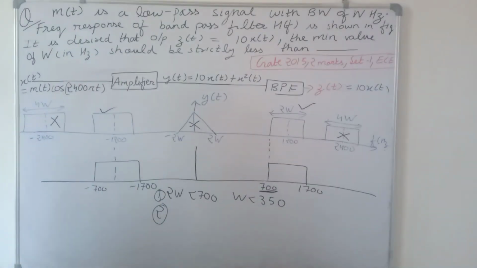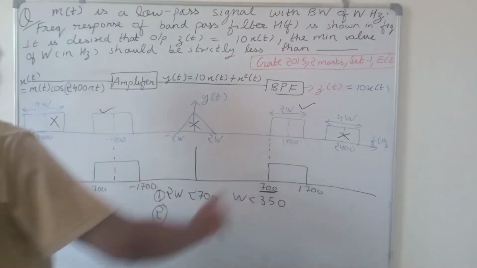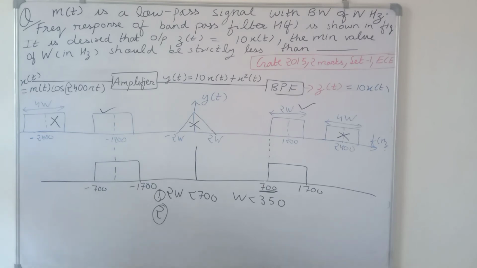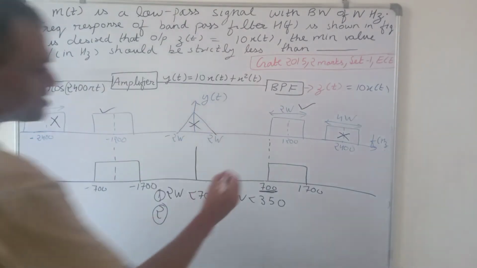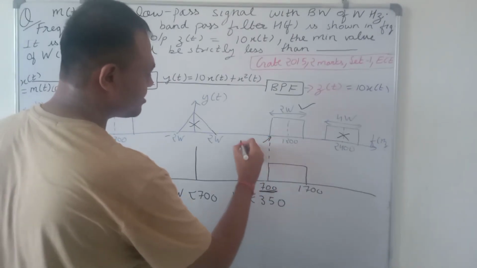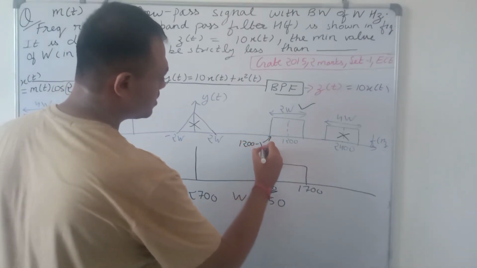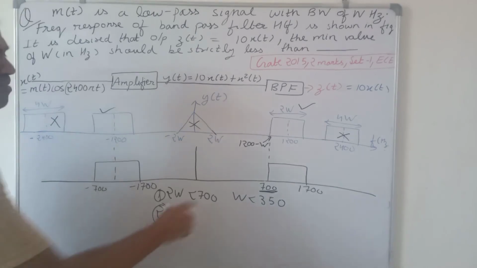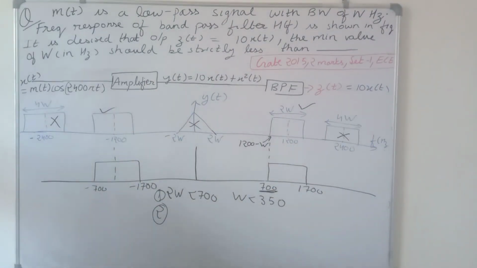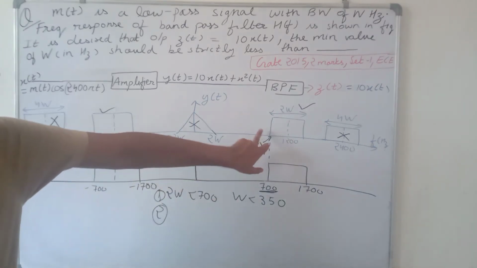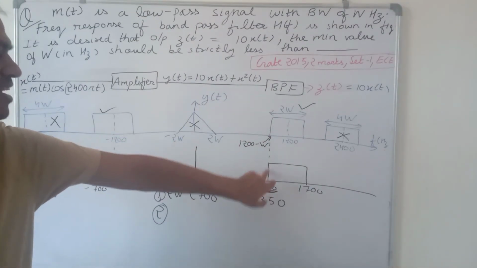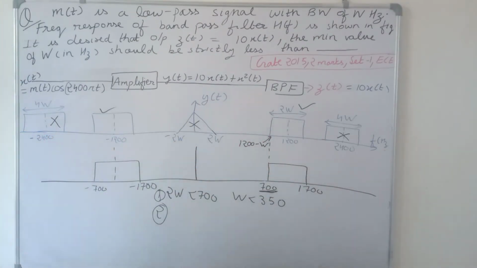The second condition is that this frequency is 1200 minus W. So 1200 minus W must be greater than 700, because if this 1200 minus W is greater than 700, then it will lie inside this pass band.